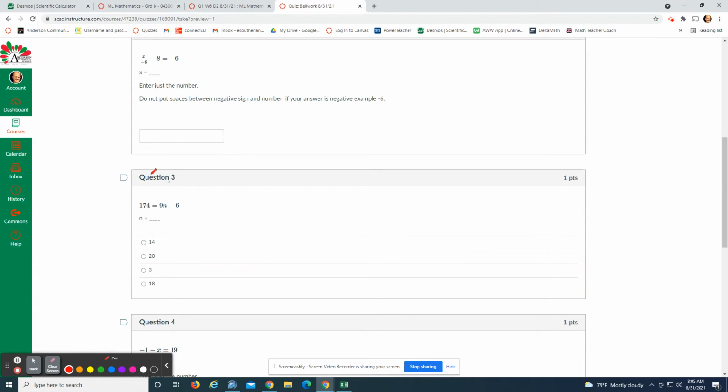When I look at question number 3, it says 174 is equal to 9 times n minus 6. Am I getting rid of the 9 or the 6 first? The 6. Plus 6 on both sides. $174 plus 6 is $180.